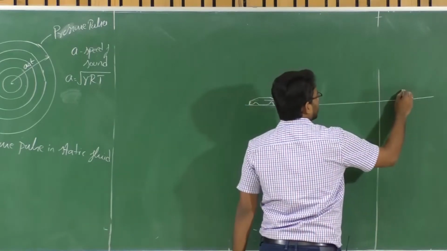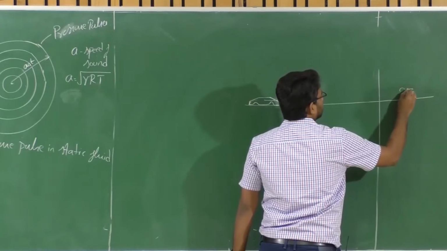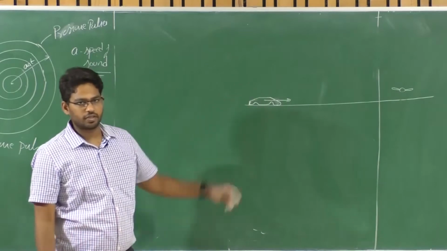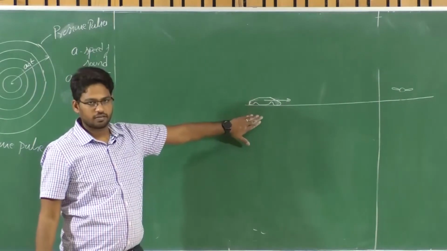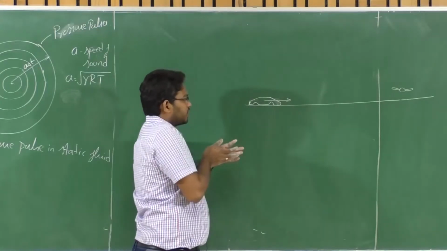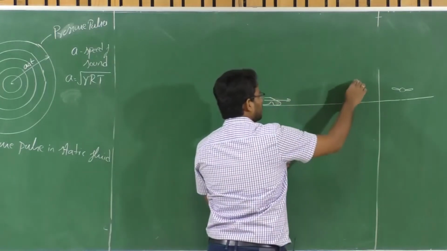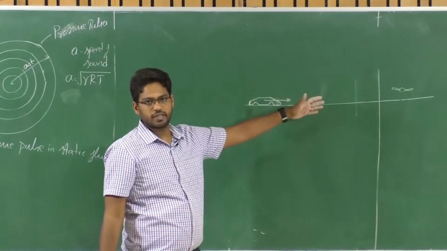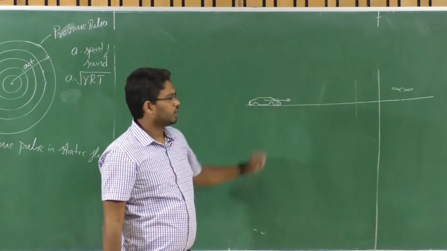Let us say there is a bird which is flying far ahead of this car, right? Depending upon the intensity of the disturbance, it may travel a certain distance, right? Am I correct or not?